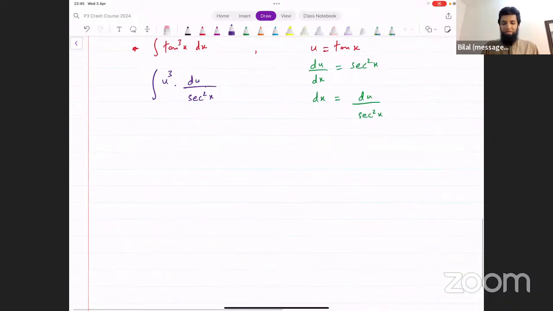Now the problem is we still have an x here. How do you get rid of this x? How can we get rid of this x? By using the other equation, u is equal to tan x. How do you do that? This is secant square. This is tan x.